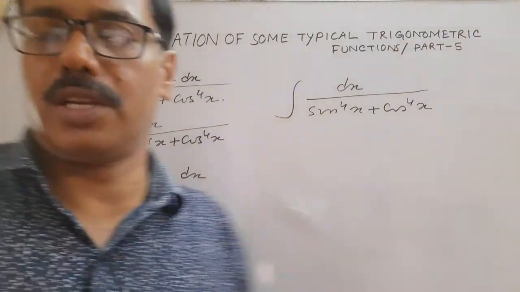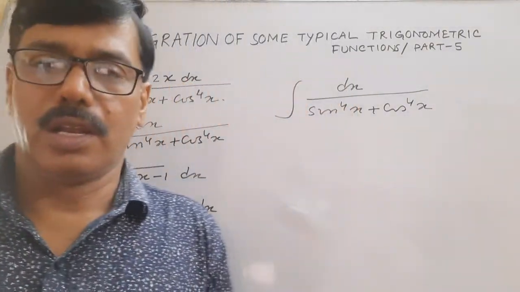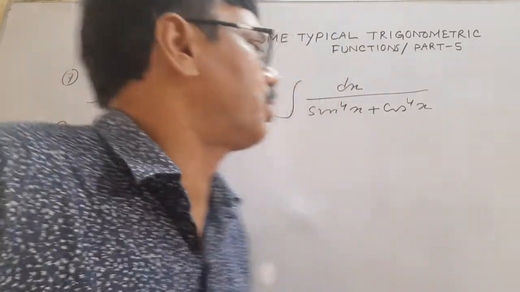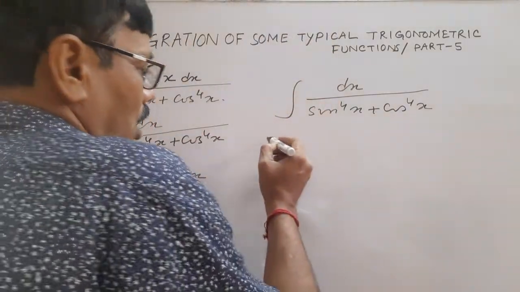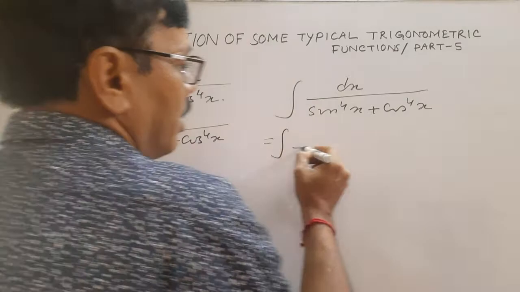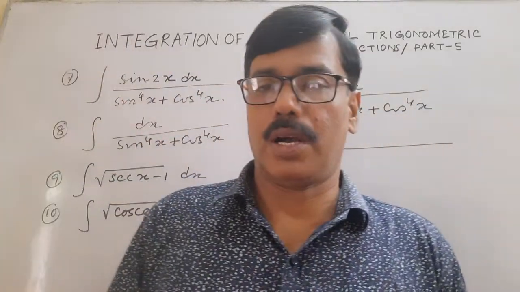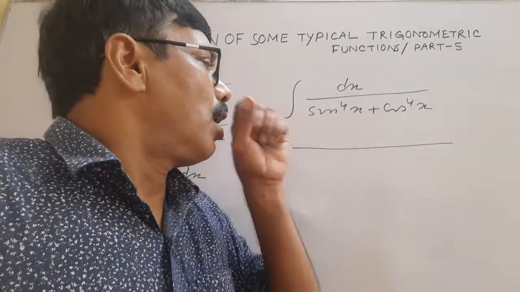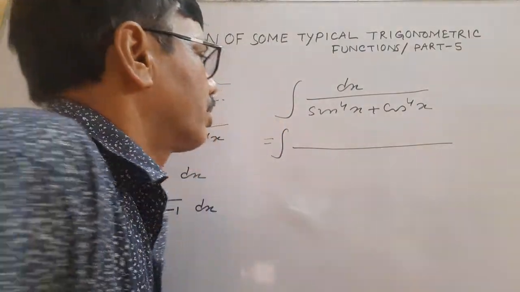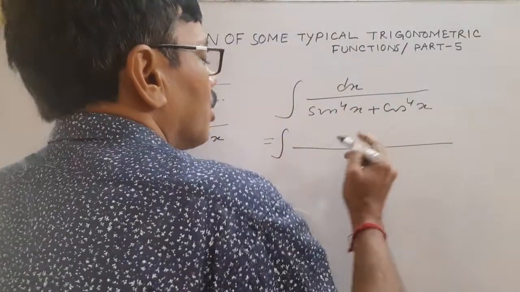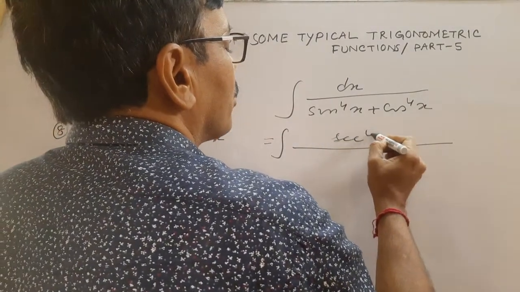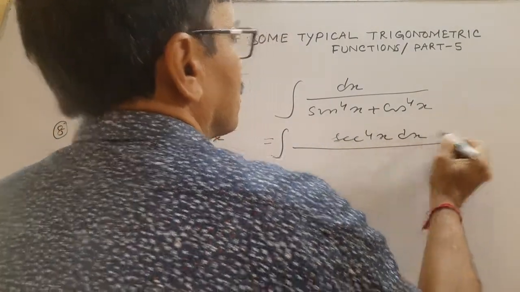Fourth degree equation. Now our main aim is to put it in standard form. We know if it is second degree in sine and cos, we multiply it by sec square x. It is of fourth degree, so we multiply it by sec to the power 4x dx.